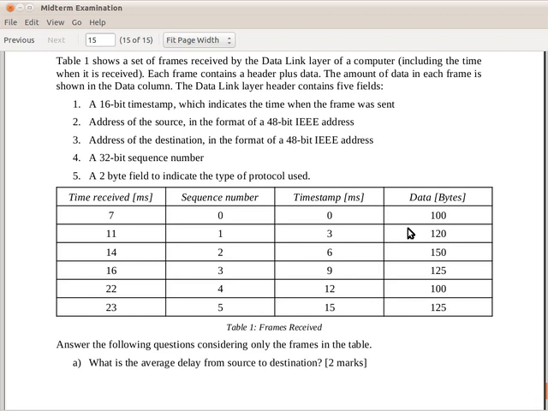The timestamp tells us at what time it was sent. The sender puts some value in it. We're sending at time 0. We receive at time 7, therefore the delay is 7 milliseconds. Next one is 8 milliseconds, from 3 to 11. Get the 6 values, take the average, and you have the answer, the average delay.